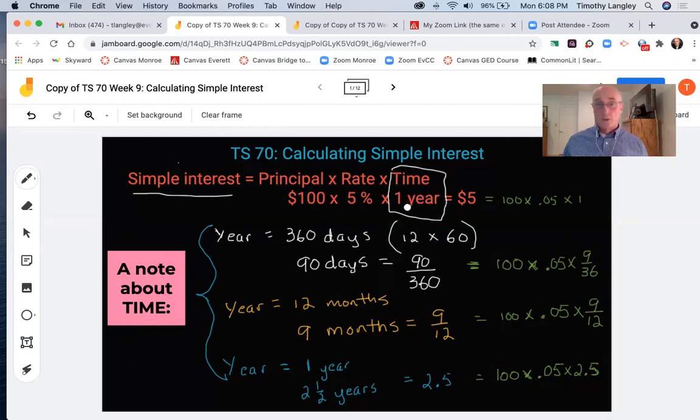So if it was a 3-year loan in this red example, it'd be 100 times 0.05, which is 5%, times the 3-year loan, okay? But here's the note about time. Sometimes they'll give you time for 9 months, for instance. Well, what do you do with 9 months? That's less than a year.